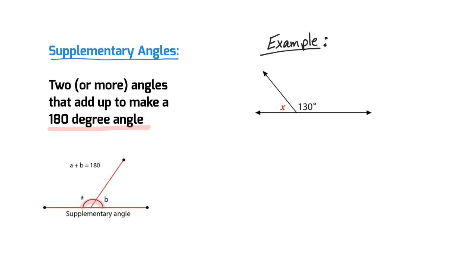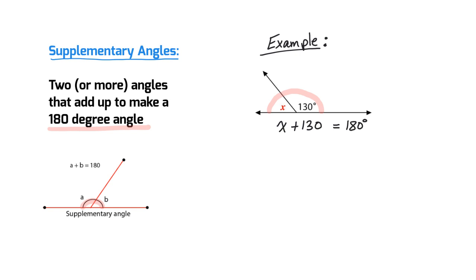So here's an example of supplementary angles. We have 2 angles that come together and they are making a straight line. That means that x plus 130 is going to give me exactly 180 degrees, or a straight line.